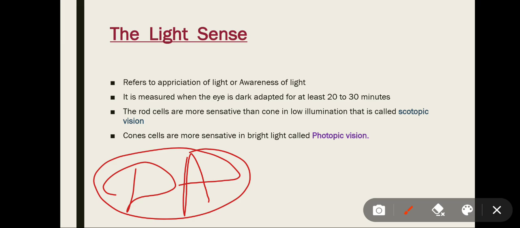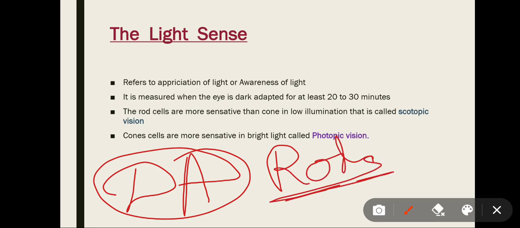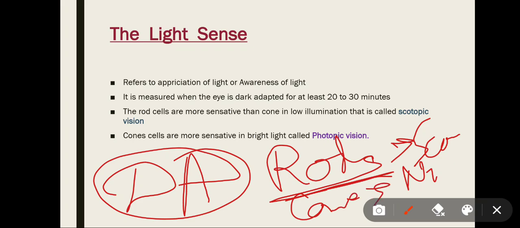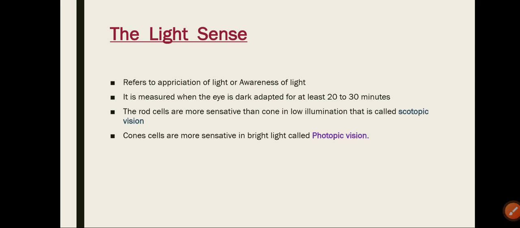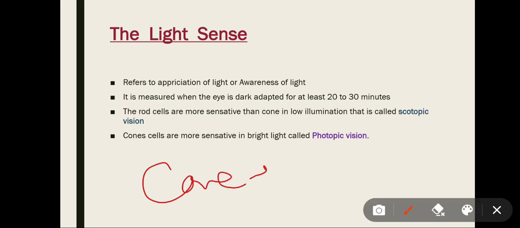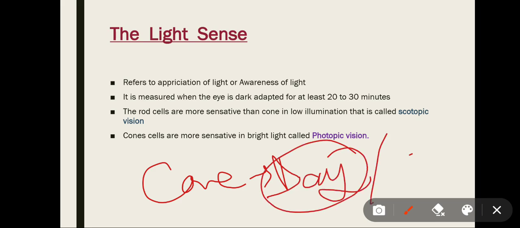The rods are much more sensitive to low illumination. Rods are for scotopic, night vision, and cones are for day vision or color vision.